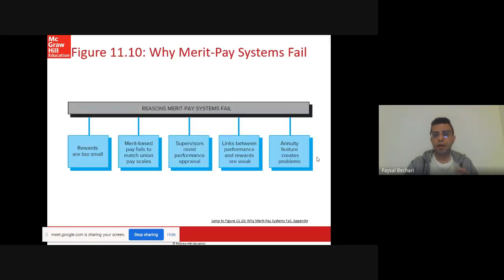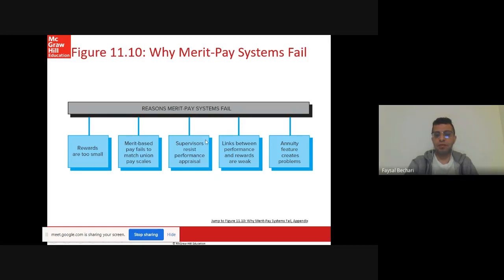Now, there are other ways, such as the merit-based system, but we need to know why merit-based systems may fail. There could be several reasons. The rewards are too small. The merit-based pay fails to match the union pay scales, so there are union pay scales and there is merit, but the merit fails to match them.